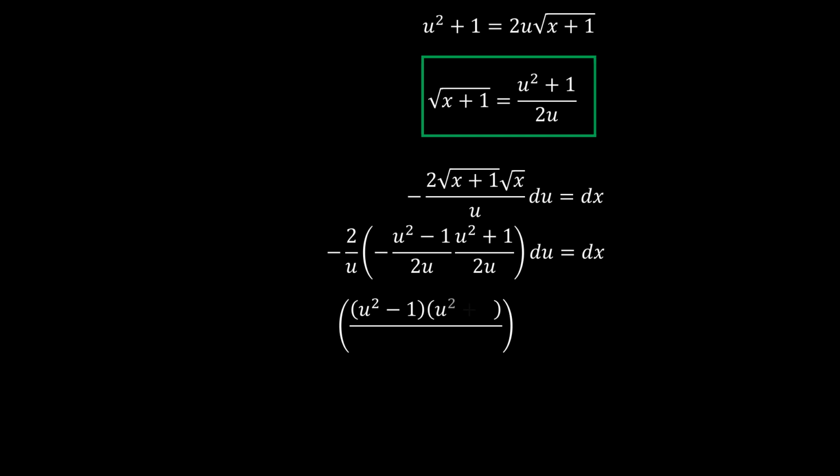So the negatives cancel out, so it becomes positive now, and then we have these 2 and one of the 2's going. So we have u squared minus 1 times u squared plus 1 over 2u to the power 3, the 3 u's here. And so the numerator there is the same as u to the power 4 minus 1 over 2u cubed du is equal to dx.